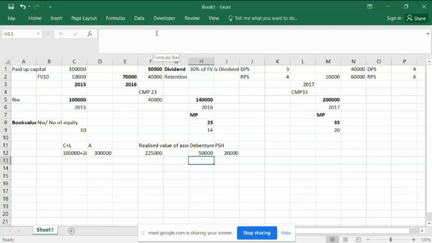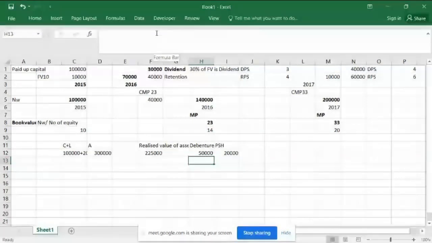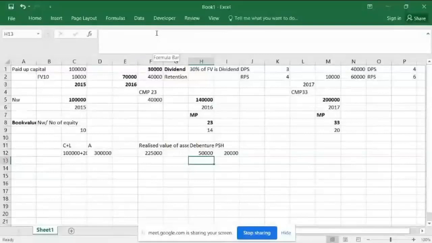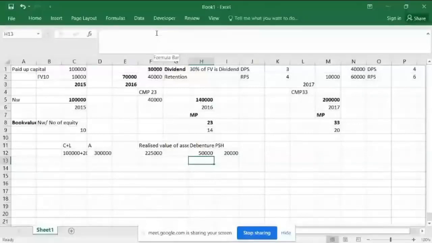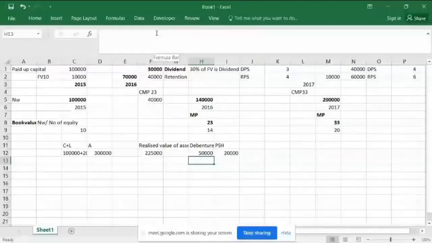Which fund is considered an insider fund or owner's contribution? Equity shareholders are the real owners of the company, so whatever contribution is done by the equity shareholders is the insiders' fund. The others, the sundry creditors, contributed money to the company as outsiders. After deducting that, the outstanding amount is 70,000 rupees.